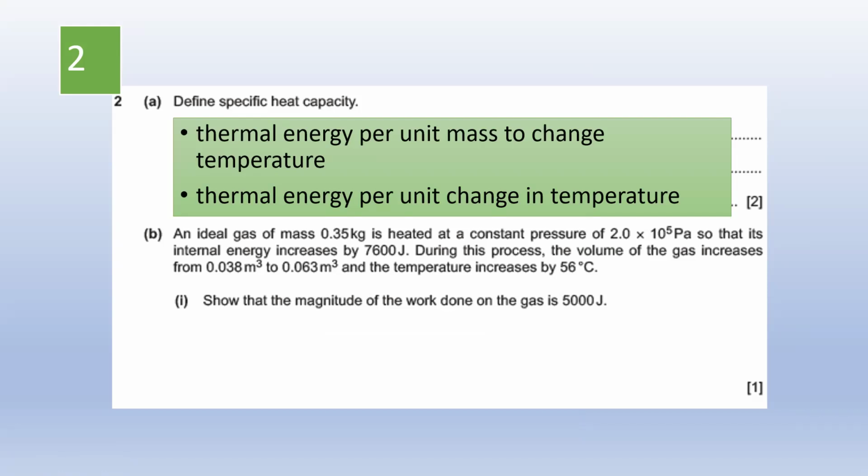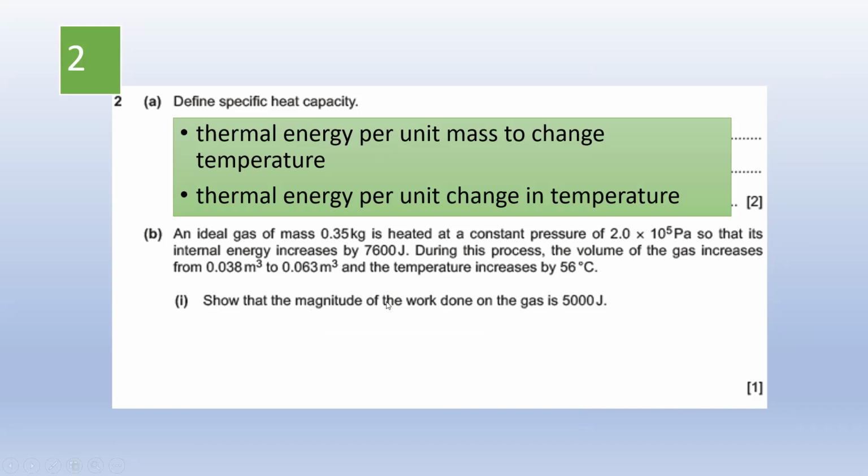An ideal gas of mass 0.335 kilogram is heated at constant pressure so that its internal energy increases by 7,600 joule. During the process, the volume of the gas increases from 0.38 meter cube to 0.63 meter cube, and the temperature increases by 56 degrees Celsius.